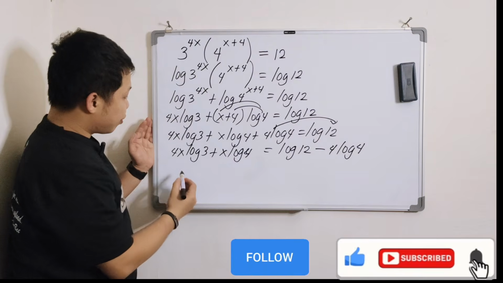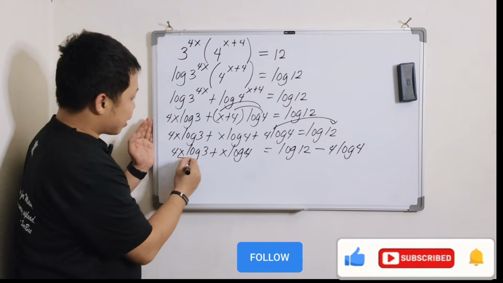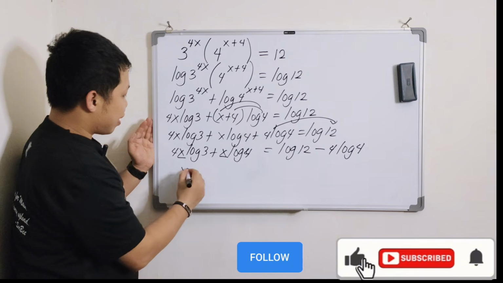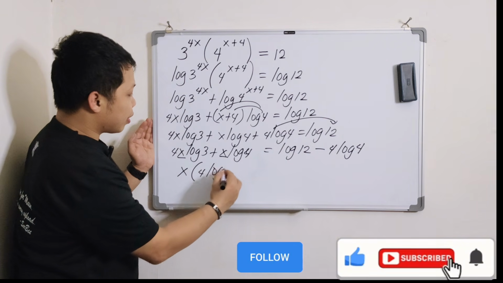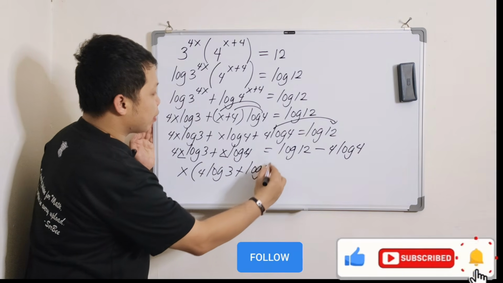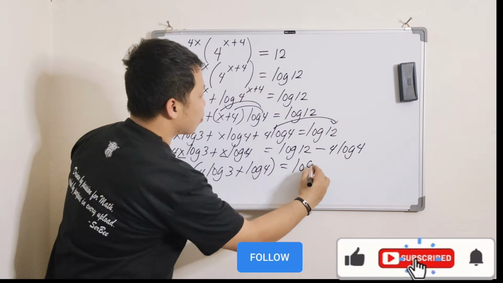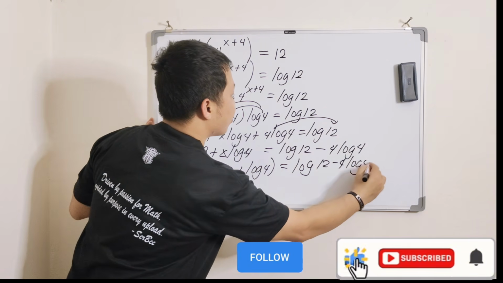Now, we need to factor this out. So x and x have x multiplied by 4 logarithm of 3 plus logarithm of 4 equals logarithm of 12 minus 4 logarithm of 4.